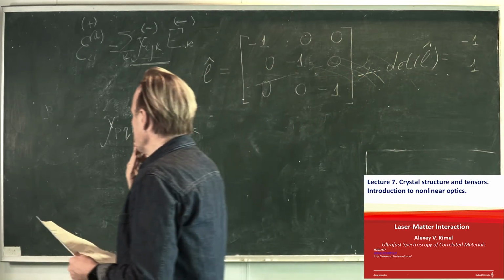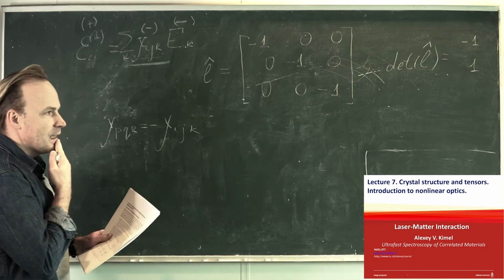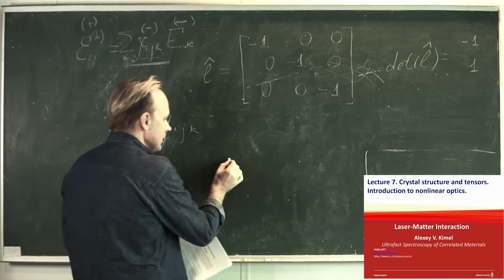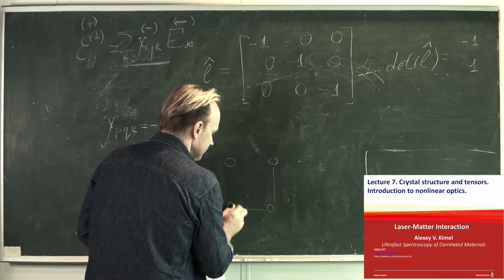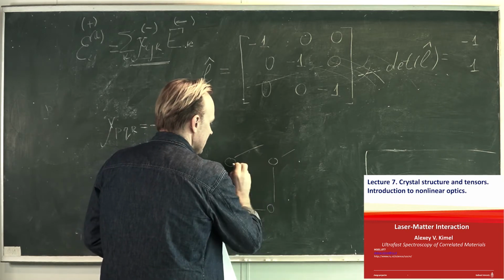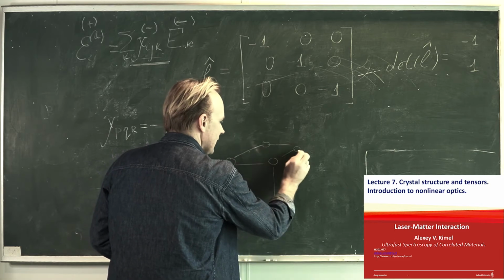Well, let's look, for instance, at the crystals, and imagine that we take a very simple crystal with a cubic elementary cell, and this crystal consists of just one type of atoms.